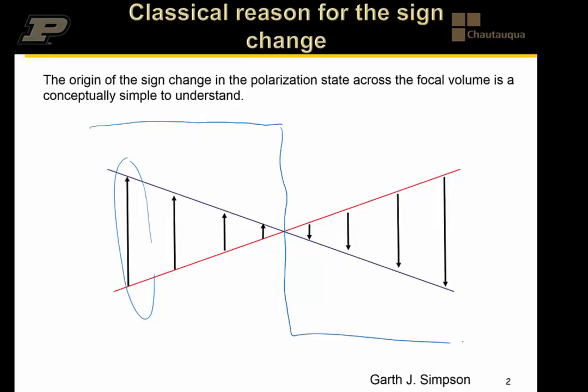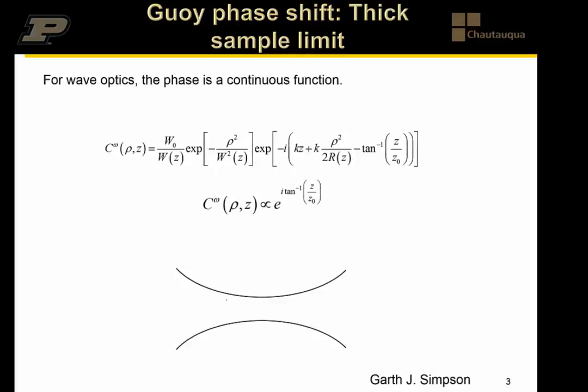That's problematic because, you know, nature hates discontinuities, but that is the nature of this phase change in the classical limit. So if we start to embrace wave optics and abandon this idea of a classical 90-degree phase shift instantaneously arising in the focal volume, then what we get instead is some necessarily continuous function that changes in phase through the focal volume from 0 to pi.